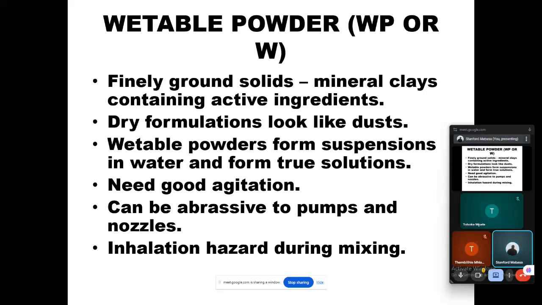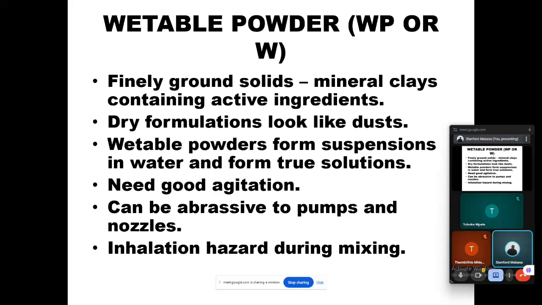Wettable powder, WP or W. This is finely ground solids, mineral clays containing active ingredients. Dry formulations look like dust. This can be risky. You need a mask. Wettable powders form suspensions in water and do not form true solutions. With these ones, when you are mixing with water, you really need good agitation.